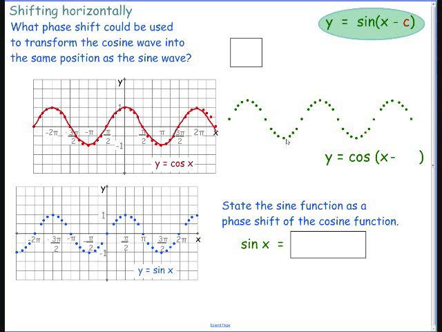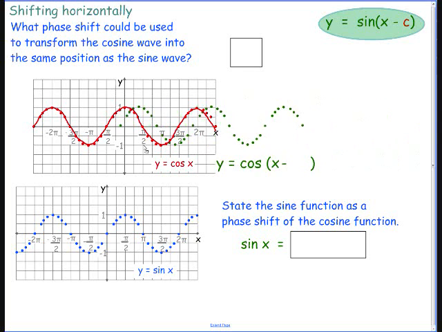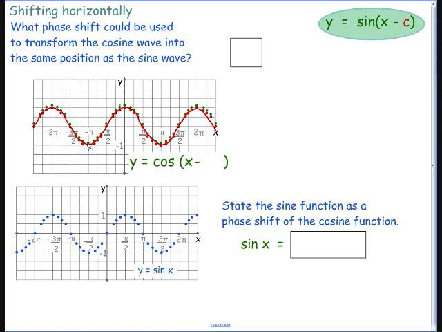Now, if I want to transform cosine into sine, what have I got to do? Move it over to there, right? This is where sine is located.